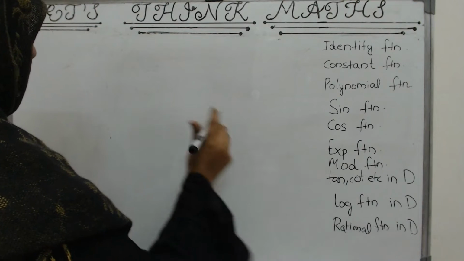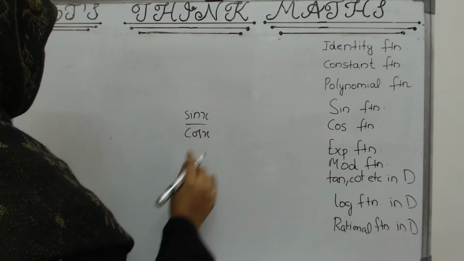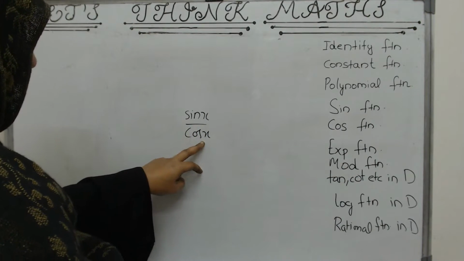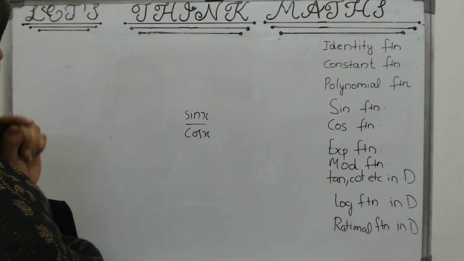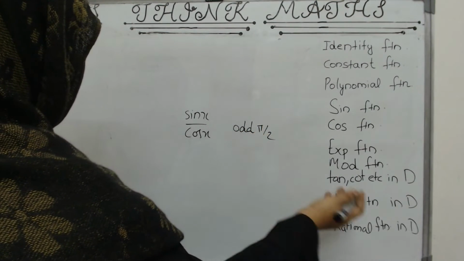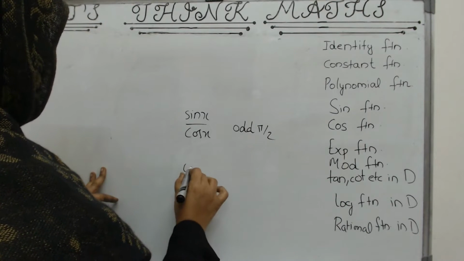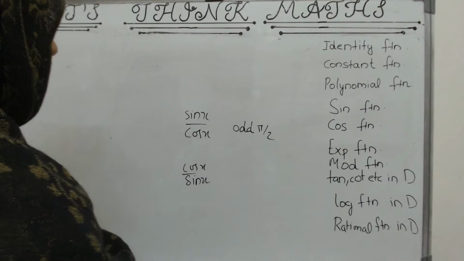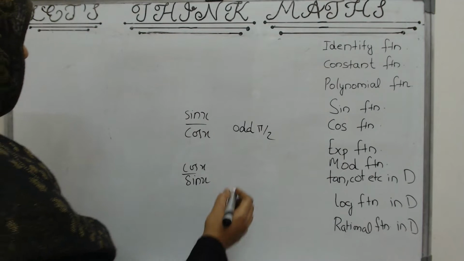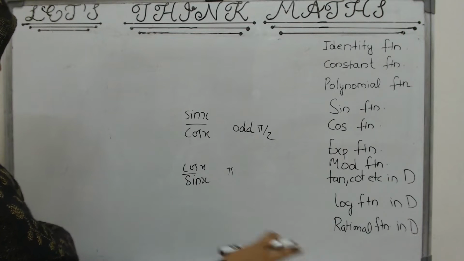For tan, you have to remove all those points for which cos x is 0. That means you have to remove all the odd multiples of pi by 2. And what about the cot function? You have to remove all those values for which sine x is equal to 0, in other words all the integral multiples of pi: pi, 2 pi, minus 2 pi, you have to remove all of that.